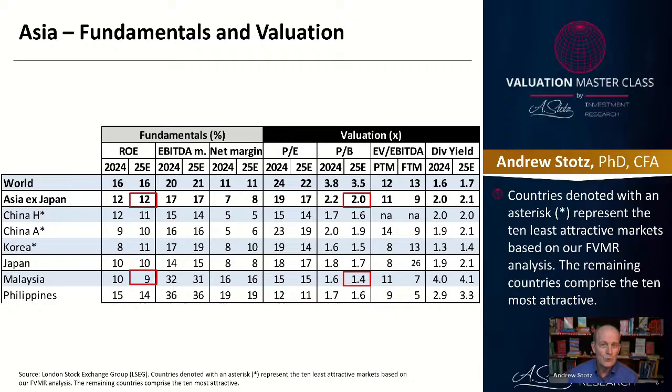So we can see a 2 times price to book versus 3.5 relative to the world. That tells me that Asia is super, super cheap. And ROE is below average, but ROE is not half. And so I think you could argue that maybe Asia is getting cheap enough that it's looking interesting.